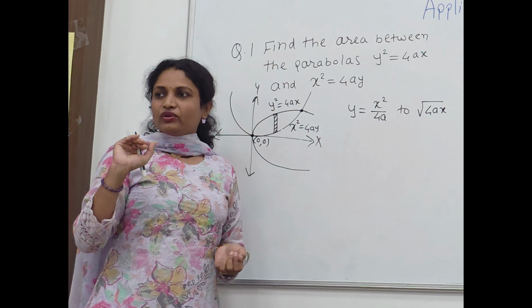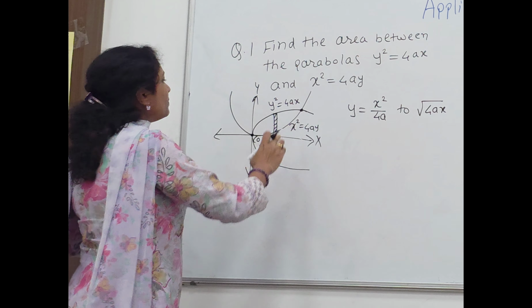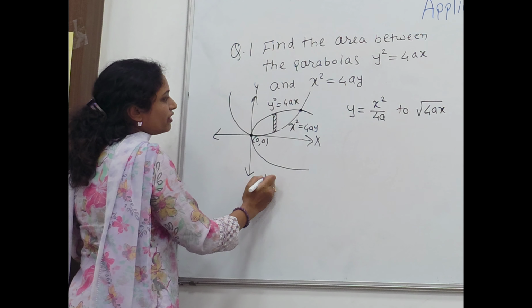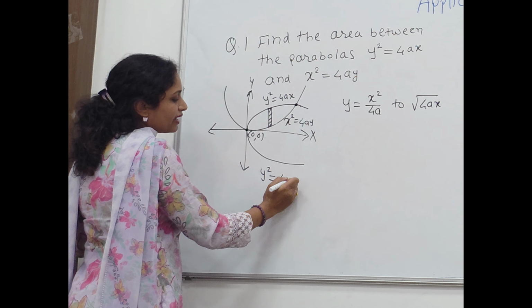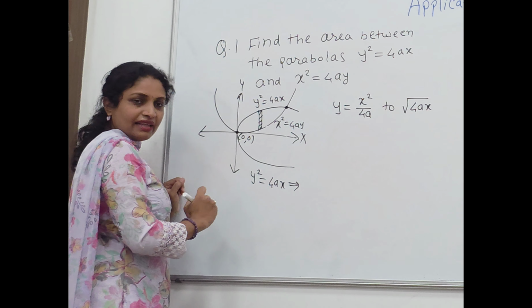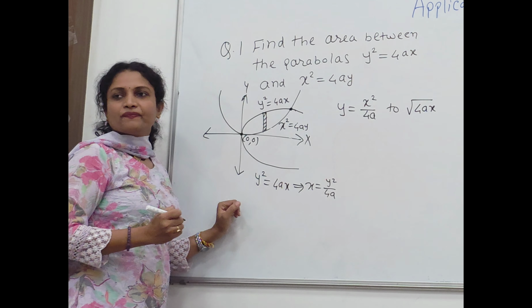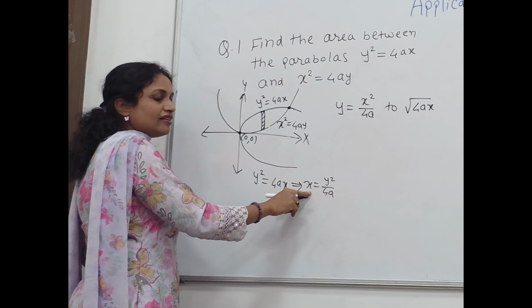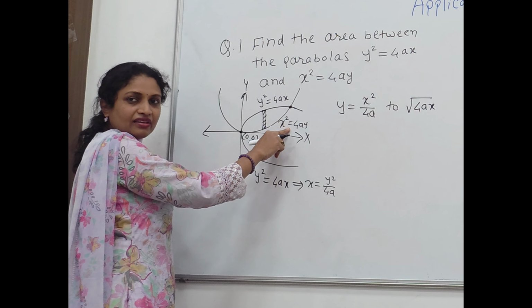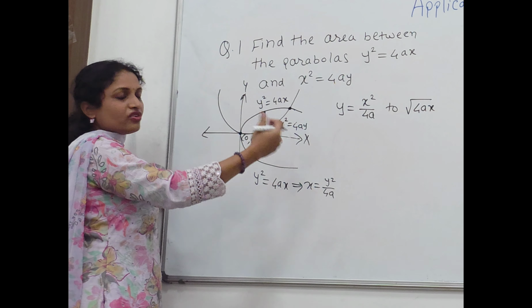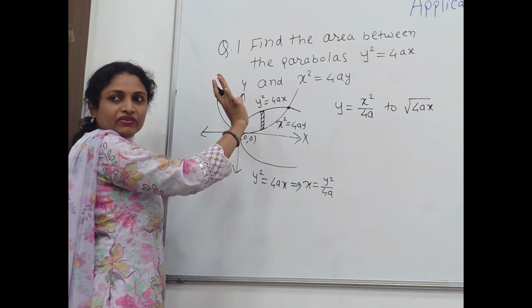By combining both the equations. For example, here what equation have we got? Y square equals 4ax. So you may write this as x equals y square upon 4a, isn't it? Now let's put this value in the other equation. And you can do vice versa also, you can put its value in the above equation also.